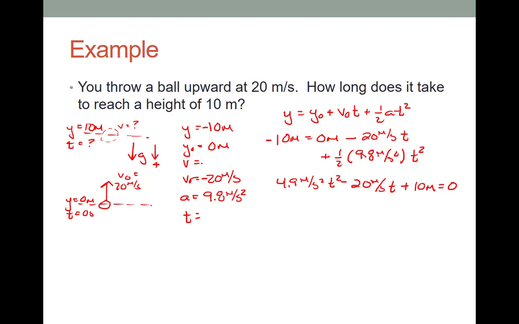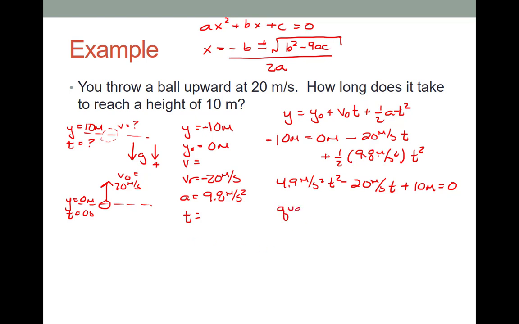And remember, the quadratic formula says that if you have a formula that takes on this form, then the solution is negative b plus or minus the square root of b squared minus 4ac all over 2a. So in the quadratic formula, I can identify the values of a is 4.9, b is negative 20, and c will be 10.